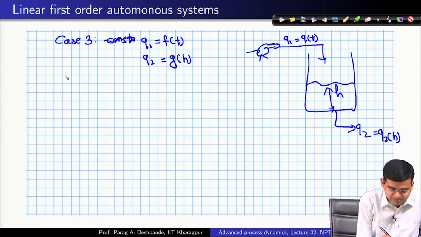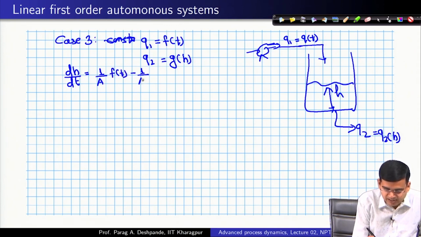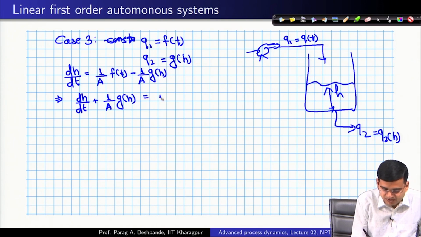In this case, what is going to happen? My model equation will become dh/dt is equal to 1/A Q1 is f(t) minus 1/A Q2 is g(h), which can be rearranged as dh/dt plus 1/A g(h) is equal to 1/A f(t).